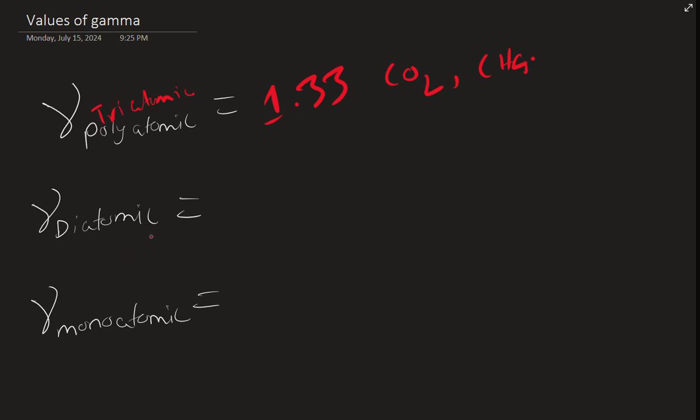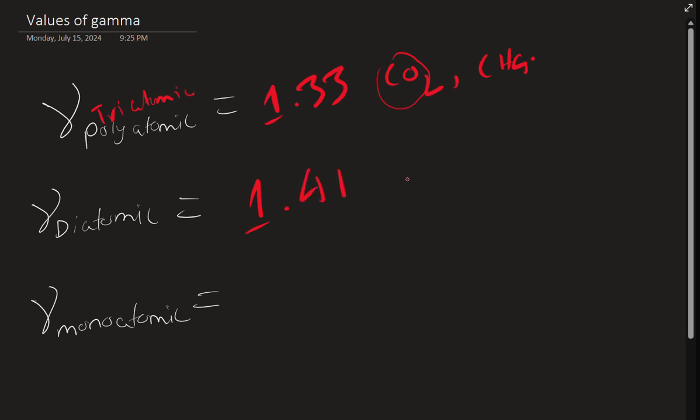In the question, usually gamma is mentioned. If gamma is not mentioned, they will mention that the gas is triatomic, diatomic, or monatomic, or they will give you the formula of the gas, and you can know factually what the value of gamma will be. Gamma for diatomic gases, meaning gases having 2 atoms, is 1.41.